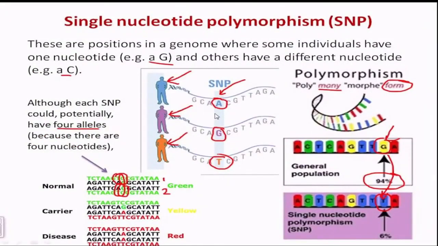So now I tell you about single nucleotide polymorphism, SNP. These are positions in the genome where some individuals have one nucleotide and others have a different nucleotide. Each SNP could potentially have 4 alleles because there are 4 types of nucleotides.